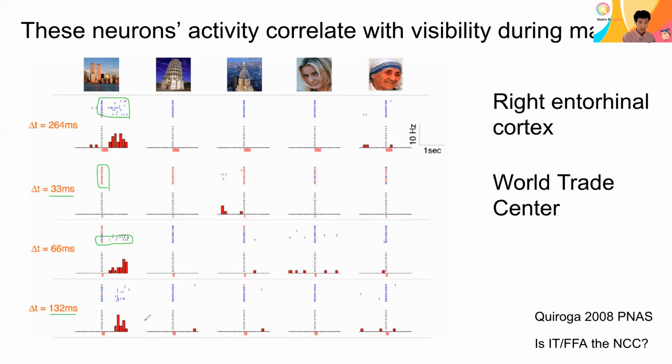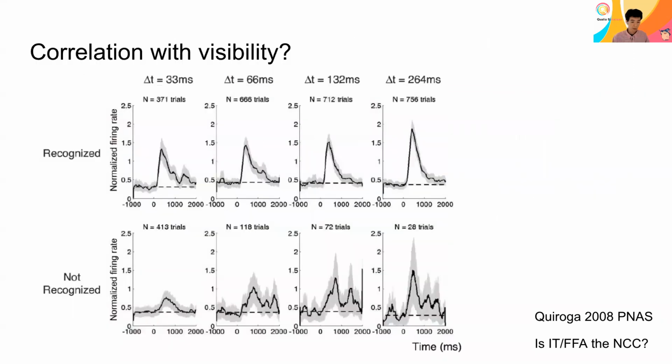And then when they looked at the average response across many neurons, when the patient recognized versus did not recognize the image, with a very long duration stimulus the response was very clear for the recognized trials. Fewer unrecognized trials also existed, but there are responses here up to 1.5.